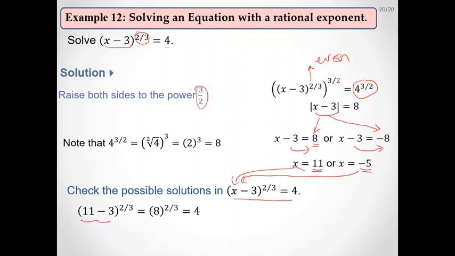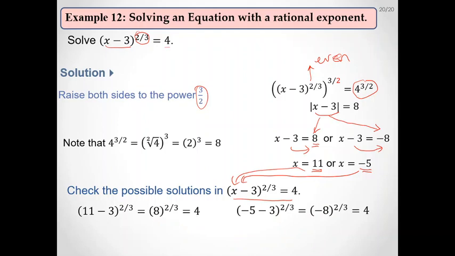This 11 minus 3, 2 over 3, and then it's 8 to the power 2 over 3. When you calculate this one, you will see it's 4. This is how you can do this. So this is the definition of the power here. So it's the third root of 64, which is 4. And you can do the same thing for negative 5.